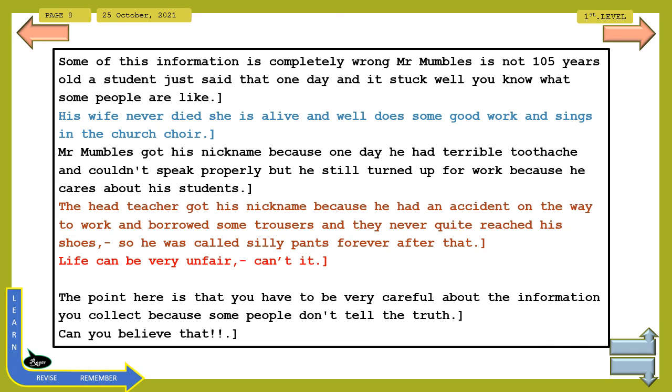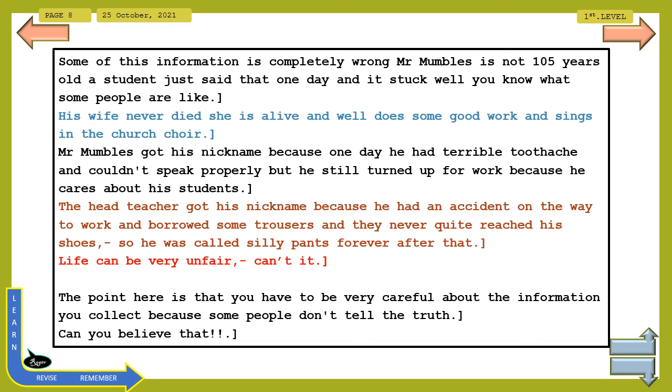Mr. Mumbles got his nickname because one day he had a terrible toothache and couldn't speak properly, but he still turned up for work because he cares about his students. The head teacher got his nickname because he had an accident on the way to work and borrowed some trousers, and they never quite reached his shoes, so he was called Silly Pants forever after that. Life can be very unfair, can't it?